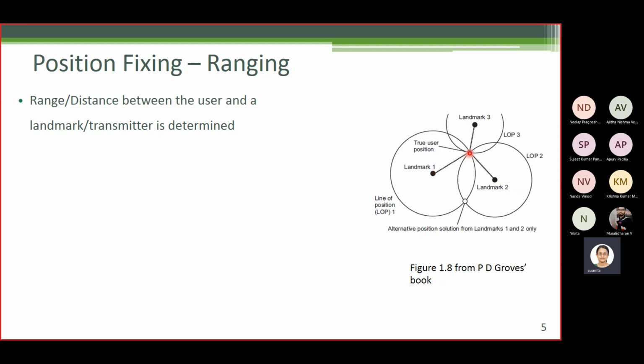So for a given distance measured, he can be anywhere on this circle whose radius is equal to the distance measured, and the center is at the transmitter.